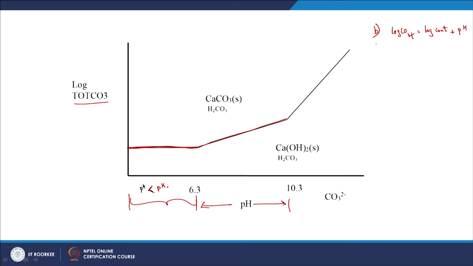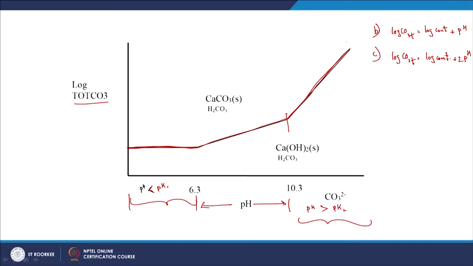This was for case B. And for case C, if you remember, we had something like log CO3 total is equal to log of some constant plus 2 times pH. So obviously the slope is going to be greater, and that's why you see that when pH is greater than pK2, which is 10.3, as in this region, the slope is higher, or the slope is greater.